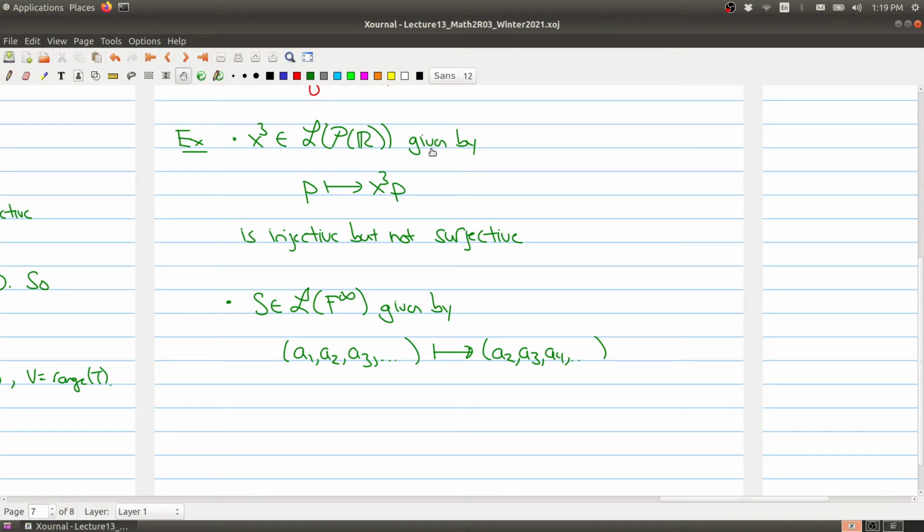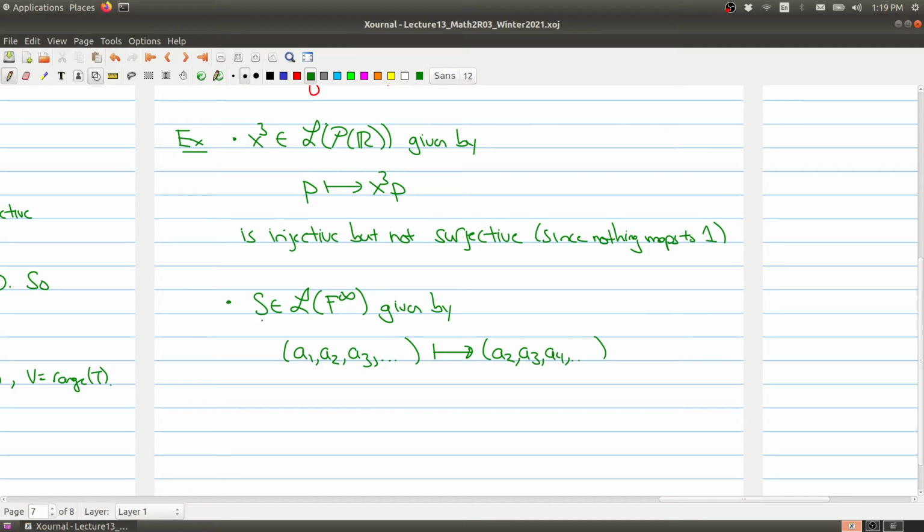What I mean by that is take any polynomial p and map it to x cubed times p. So we're basically taking a polynomial and multiplying it by x cubed. This is an injective map, but it's not surjective, since nothing maps to 1, for example. Everything on the right-hand side will have degree 3 or higher.